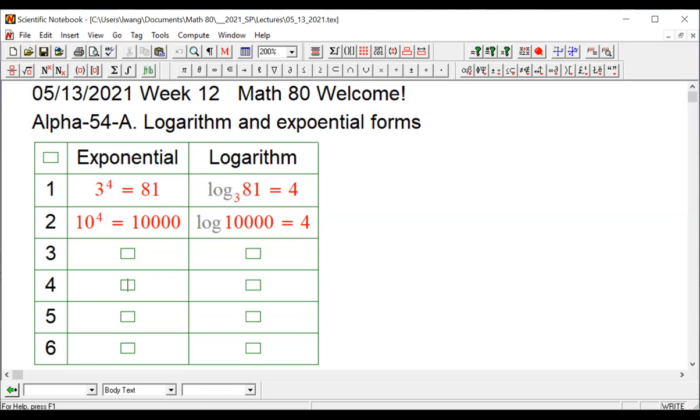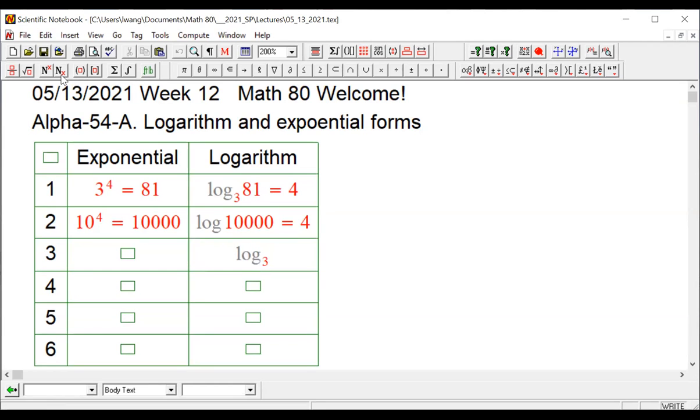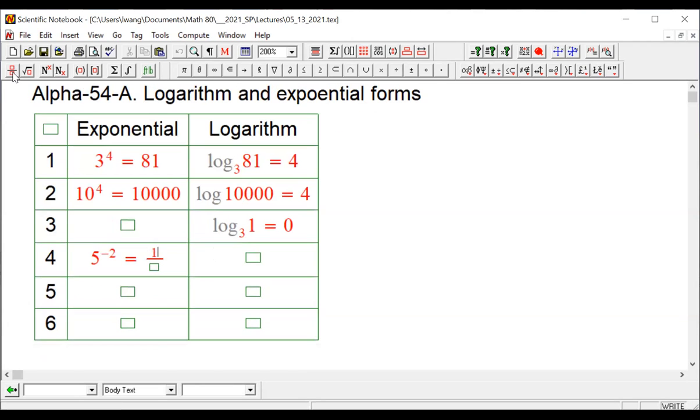Number 3, we're given a logarithm form: log base 3 of 1 equals 0. You're going to write the exponential form. Number 4, you are given an exponential form, and we want to write it as logarithm form.